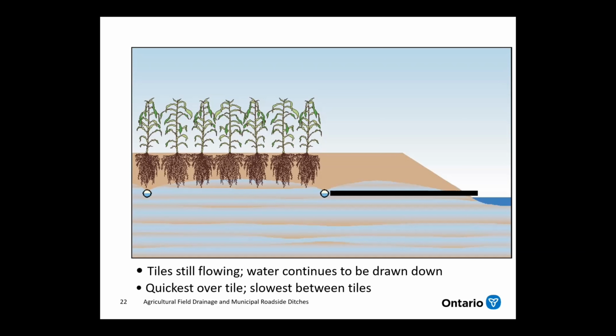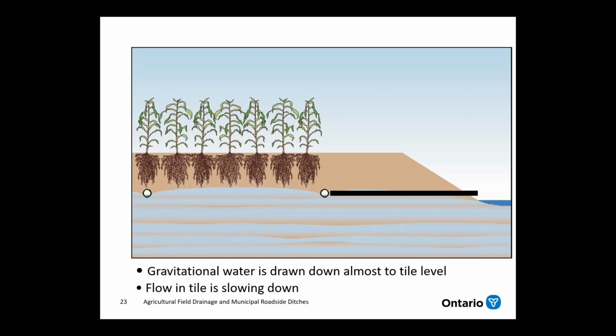What you're seeing is the lighter colored bands are actually the tile laterals, the drier sections above the pipe, and the darker zones in between are the wetter middle areas where the water table is higher. So there are times of the year that you can actually fly and get aerial photography to identify the locations of these agricultural drainage systems. It's actually quite effective.